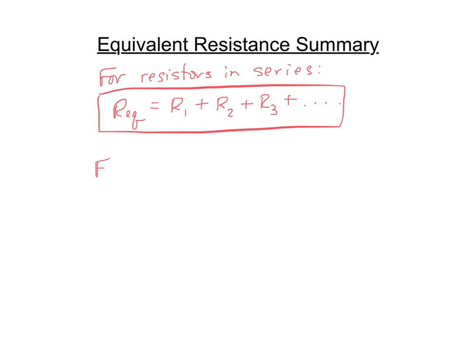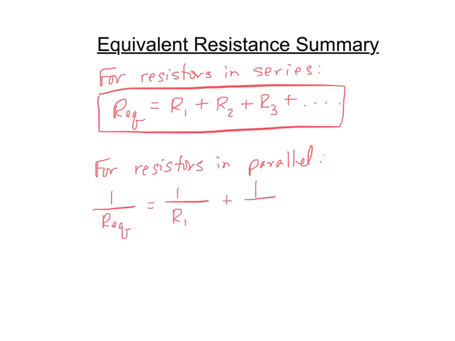For resistors in parallel, you find the reciprocal of the equivalent resistance by adding up the reciprocal of the individual resistors in the circuit.